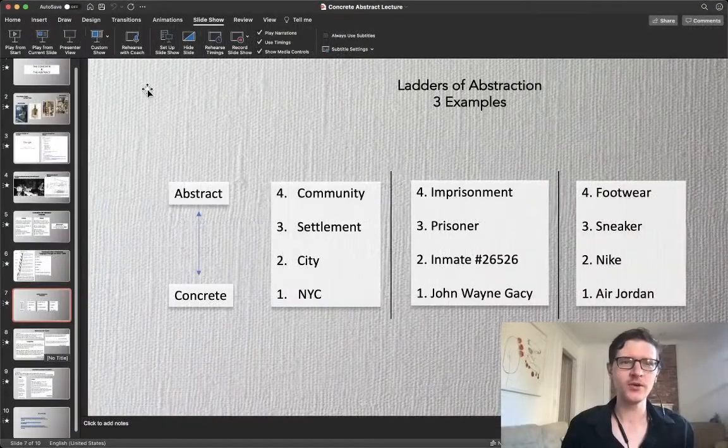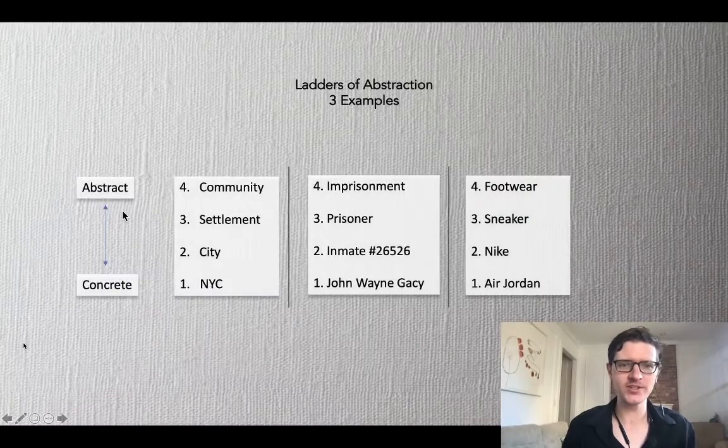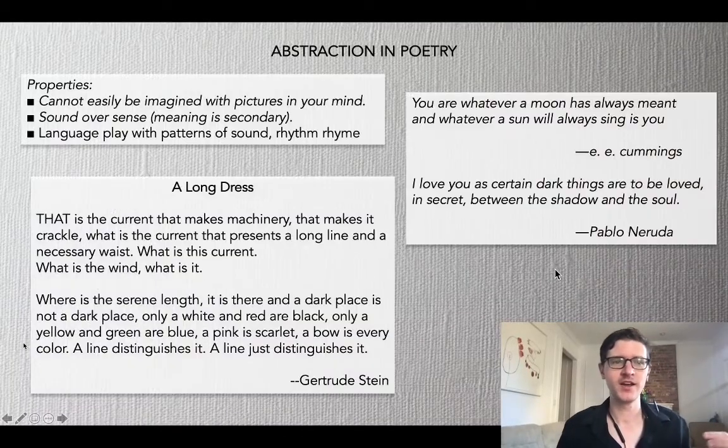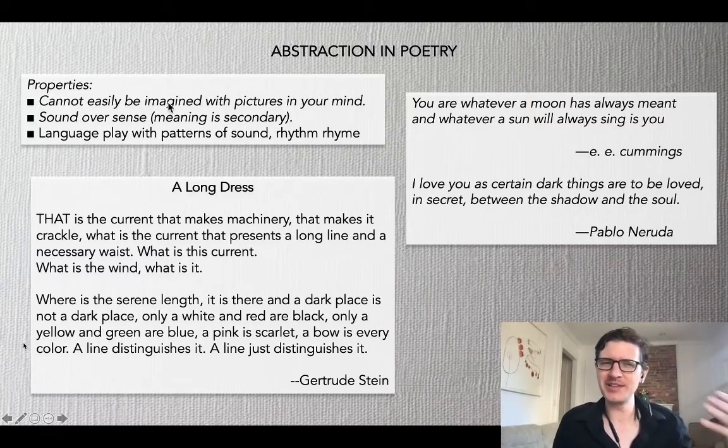And so we see this happening in language, and we see it in poetry too. So let's look at a few examples. Here's abstraction in poetry. First look up here, and then we'll read the poems. Some properties of it: these are going to be poems that cannot easily be imagined with pictures in your mind. These kinds of poems prefer sound, the sound of the language, over sense.